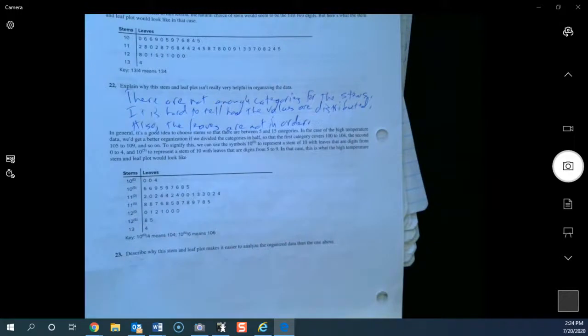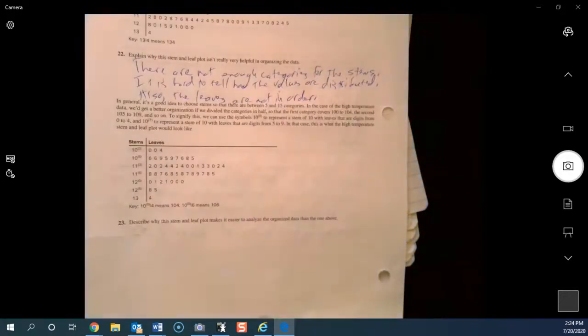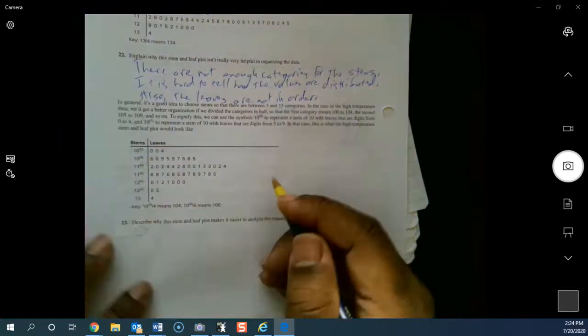Now it says describe why this stem and leaf plot makes it easier to analyze the organized data. Okay.